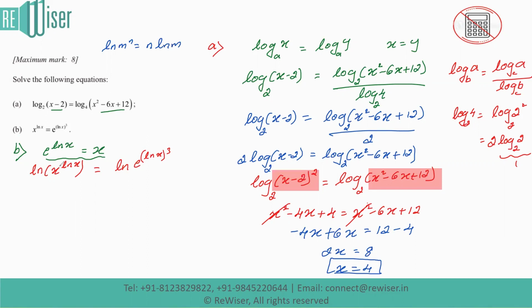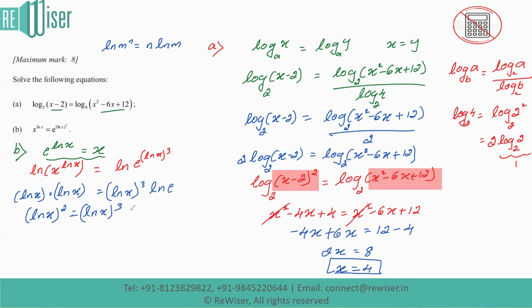So this ln x, which is in the power of x, can come in front. It's going to be ln x multiplied by ln x. And here it would be ln x whole cube multiplied by ln e, and the value of ln e is just 1. So this is going to be ln x whole square is equals to ln x whole cube.